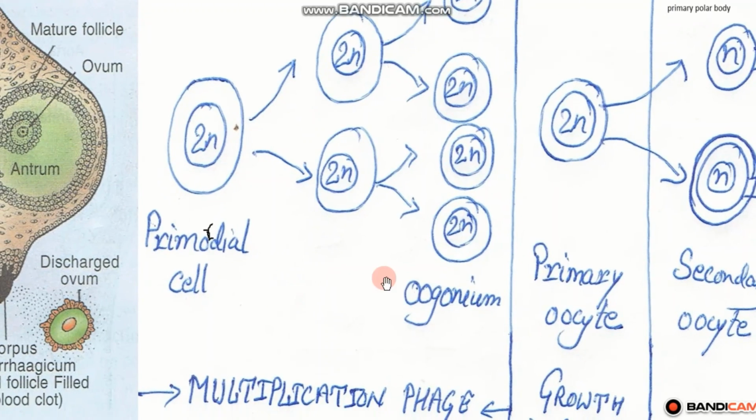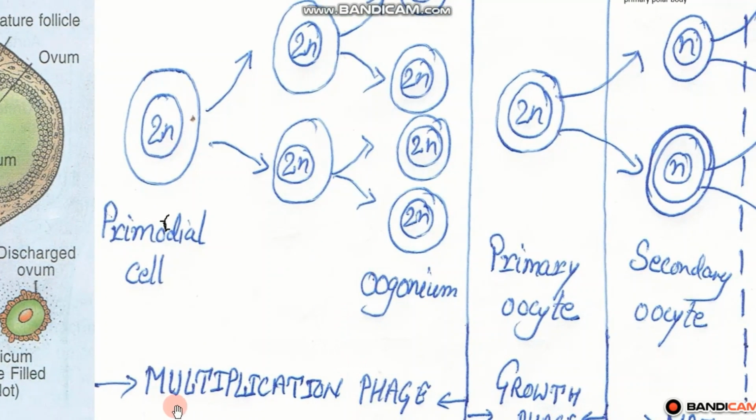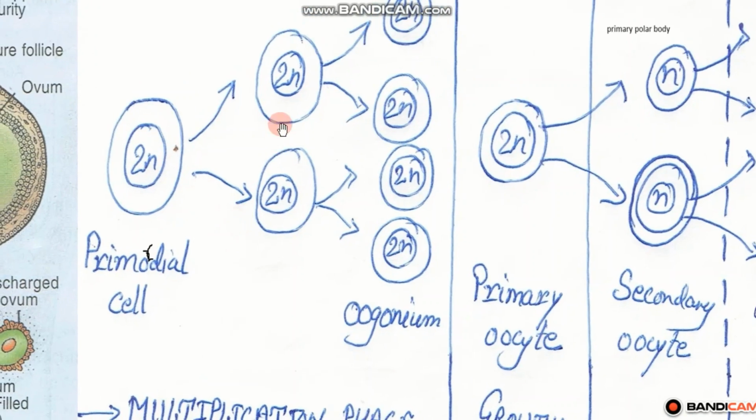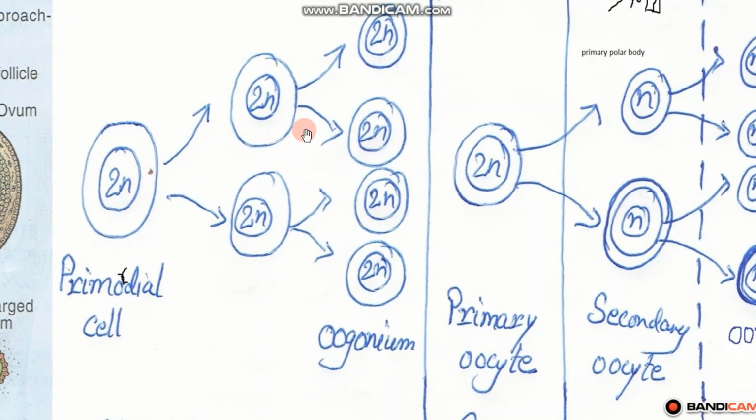First of all, this cell needs to be in the multiplication phase. In the multiplication phase, this cell will form many cells. One cell will form two cells, and then these two cells again will form two cells each, then it will form four cells. But all cells are the same, it just multiplies.